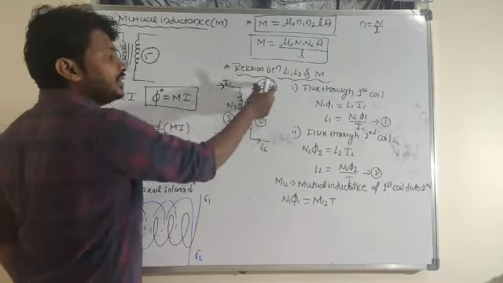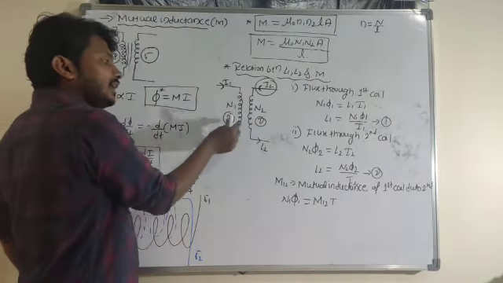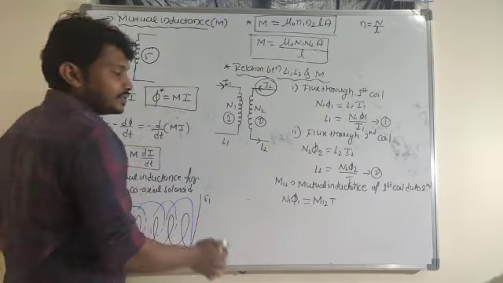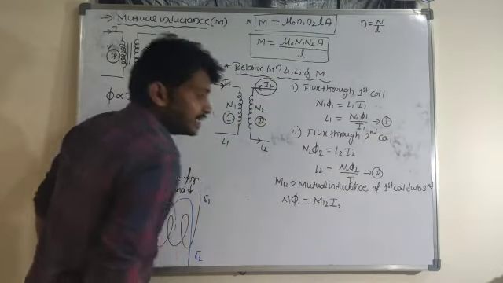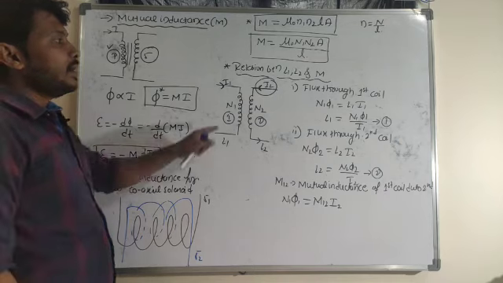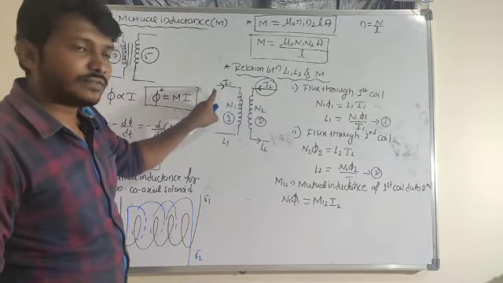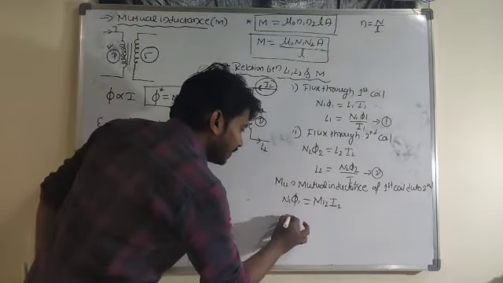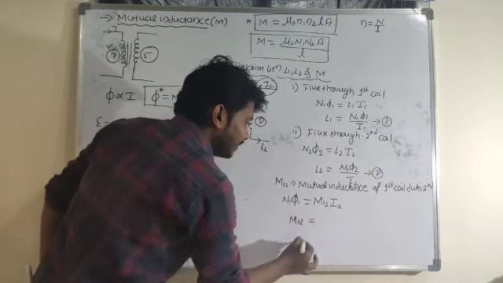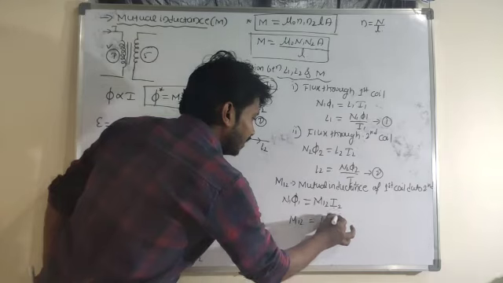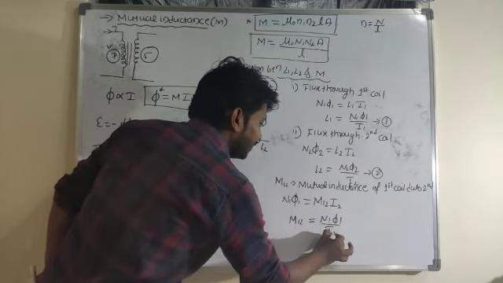Because of the changing current in the second coil, there exists a changing EMF in the first coil. Hope you are understanding here. Because of the current I2 only, there exists a change in flux in the first coil. So M of 1 to 2 is equal to N1 phi 1 divided by I2 here.